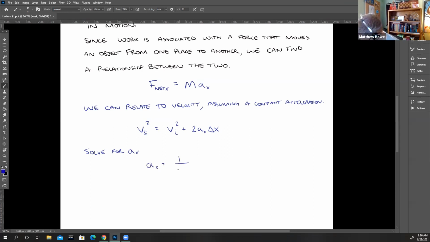Acceleration, that's 1/2 delta x, and all of this times final velocity squared minus initial velocity squared.